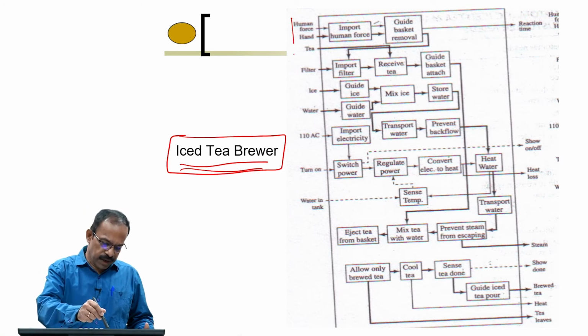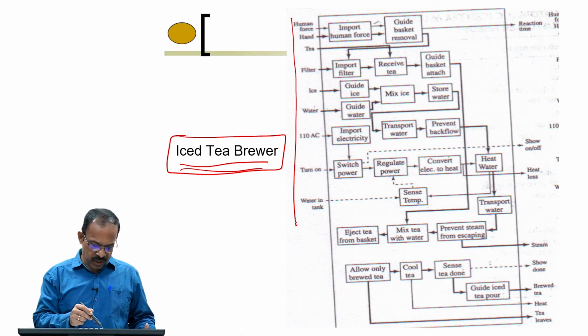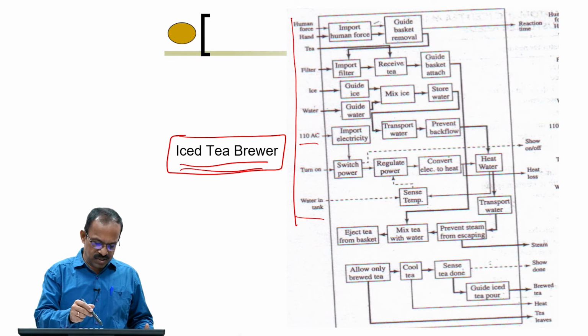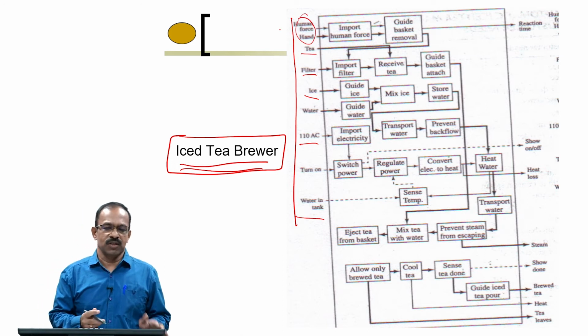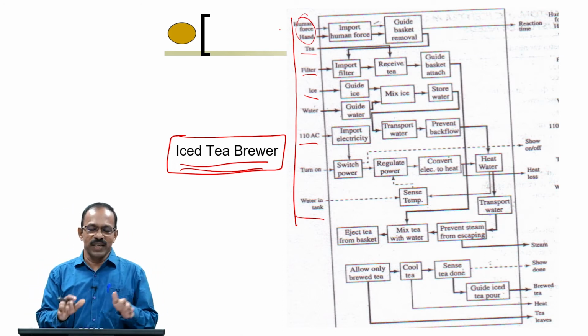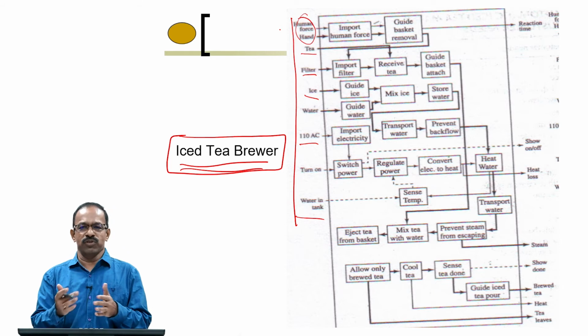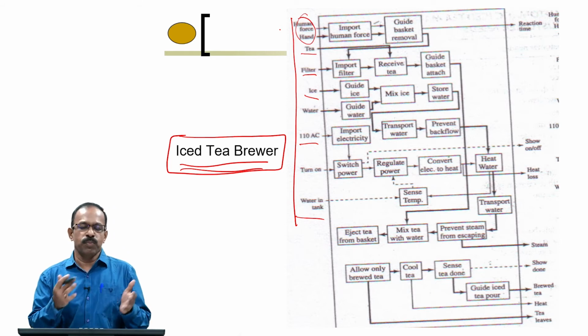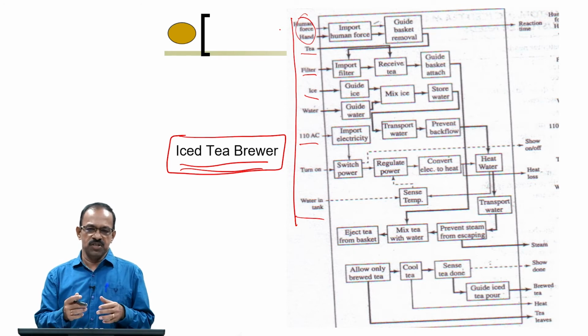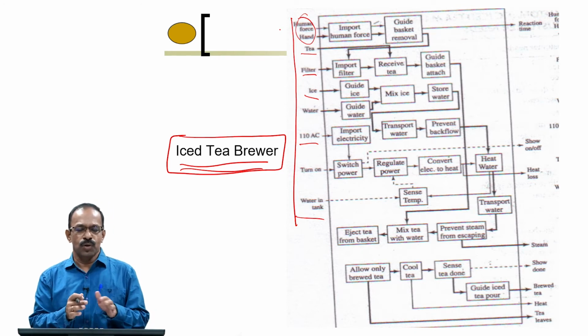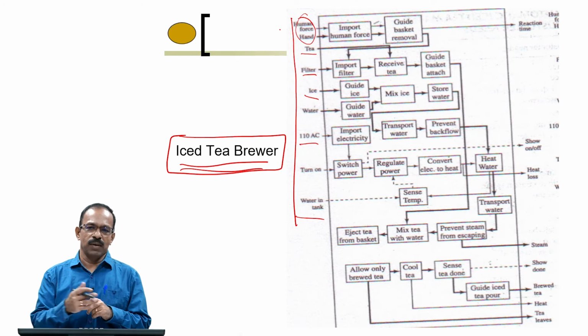And these are the inputs to the machine: water, electricity, ice, filter, tea, and human force and hand. Because we need somebody to operate the machine, the human hand and force come into the picture. If there is no human involvement in operating the product, then this will not be there. But in this machine, we need the human to do some work to get the product function.